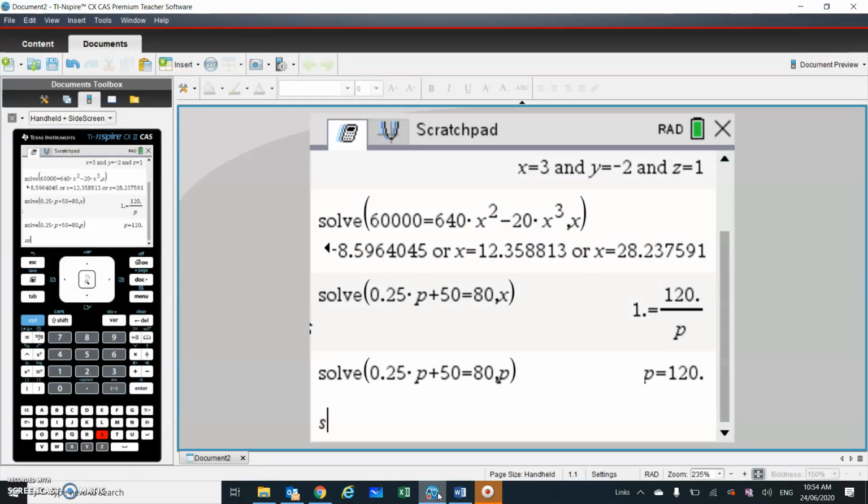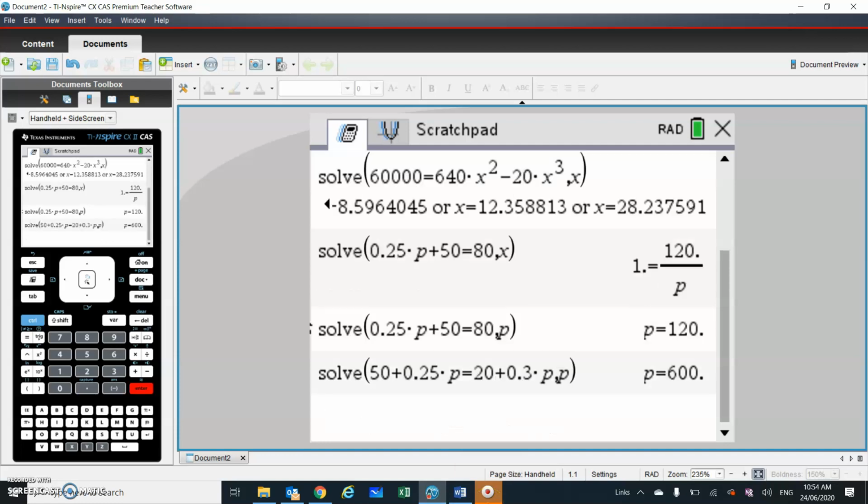So we'll do it correctly this time. Solve. I'll just copy that in. 50 plus 0.25p equals 20 plus 0.30p, comma p, because we're solving for p, and we get p equals 600.